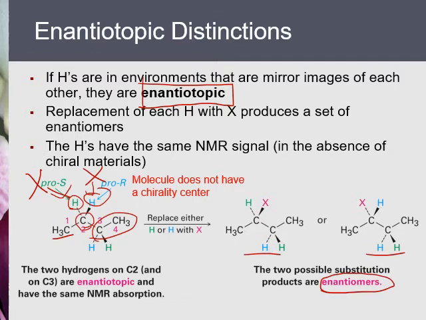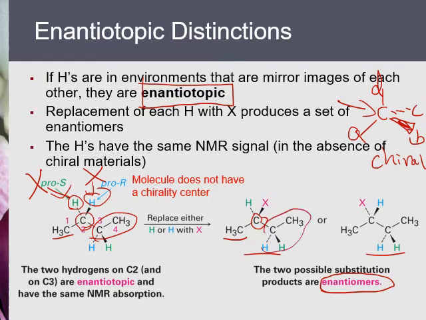Remember, in Organic 1, you learned that when a carbon has 4 different substituents, so A, B, C, D, this molecule is chiral, and this is called a chirality center. So this carbon is a chirality center because you have an ethyl, methyl, X, H. So this molecule is chiral.